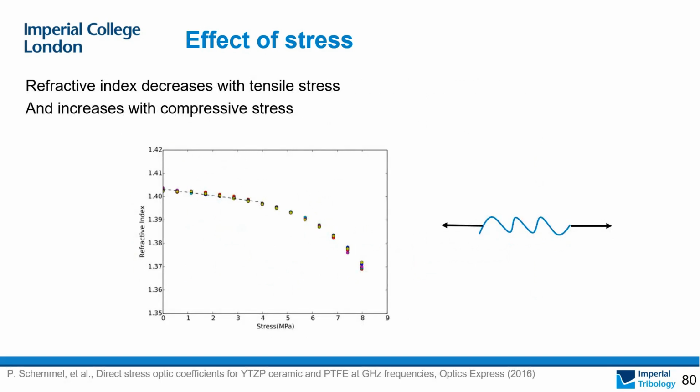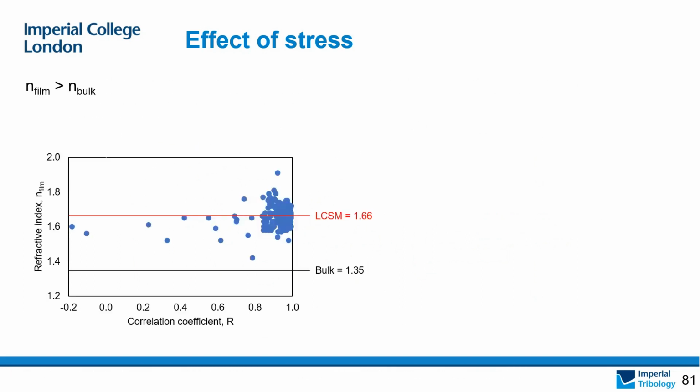And this is a graph of refractive index against tensile stress for PTFE films. And by the way, this is not my work, but I borrowed this graph from a paper. And as we can see, when a film is stretched, we expect a decrease in refractive index, and vice versa when a film is compressed.